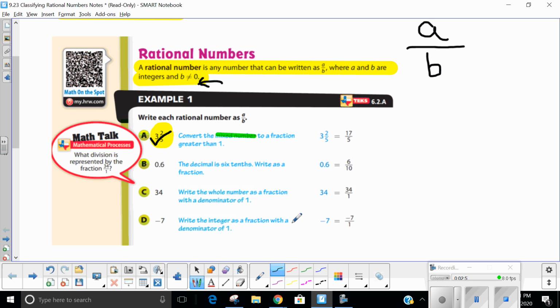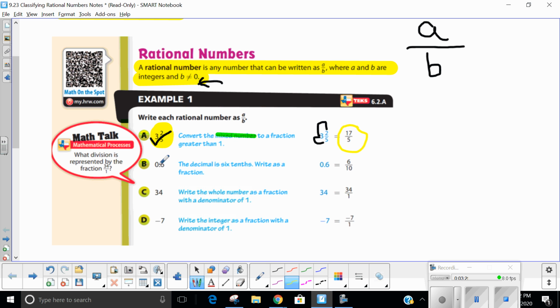So for example, we have 3 times 5 is 15, and then 15 plus 2 is 17. So that's how we got the answer 17 over 5. So that means this mixed number represents a rational number because we can convert it to a traditional fraction. So let's look at the next one.